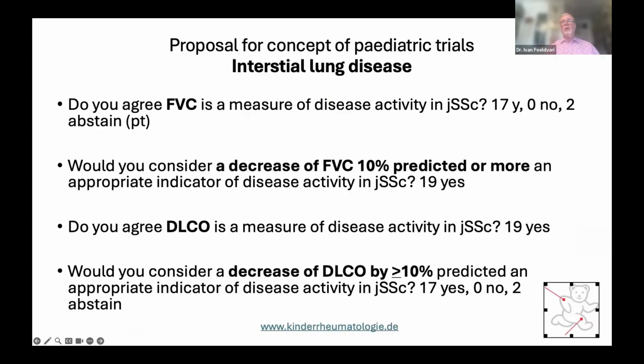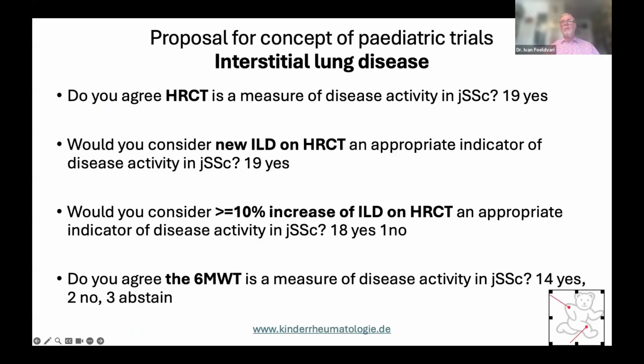So what we agreed on is that forced vital capacity is a measure of disease activity, as is DLCO, and for both of them, if you have a decrease of 10% or more, then it is a significant change. We agreed that high resolution CT is a measure of disease activity.